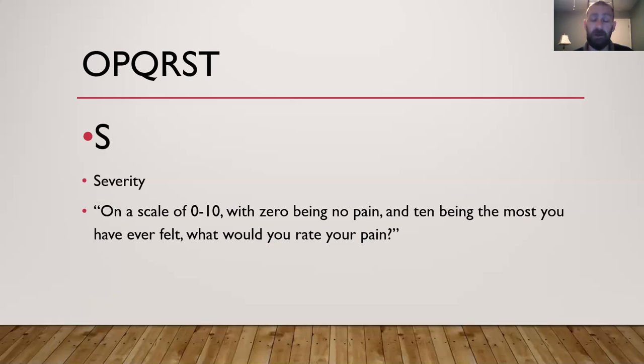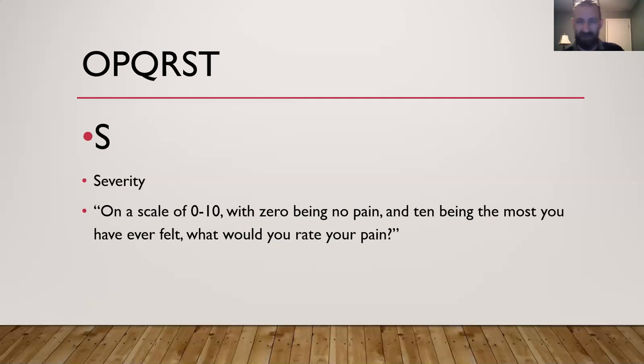Earlier, I used the example of somebody having an asthma attack. If somebody has had an asthma attack previously, we can have them rate the severity of this one based off of that. Compared to your worst asthma attack, if 0 was everything's normal and 10 is the worst asthma attack you've ever had, where does this one fall? Is this one the worst one?